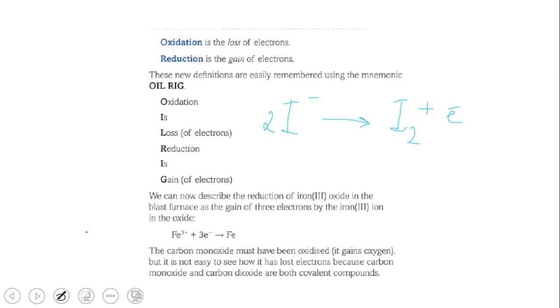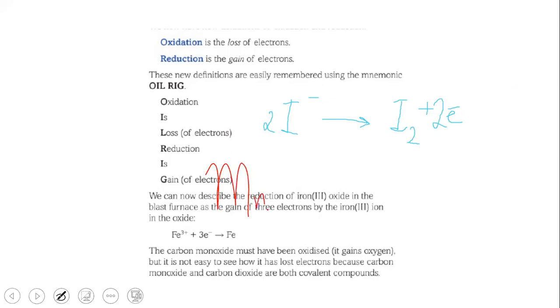Are you done? Yeah, good. So this is the equation for iodide getting oxidized. That's step number 1. Step number 2, can you write down an equation for me for manganate ions? I'll actually write it down for you.